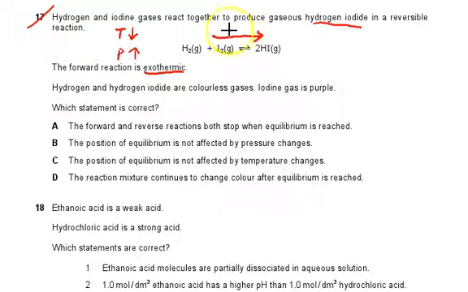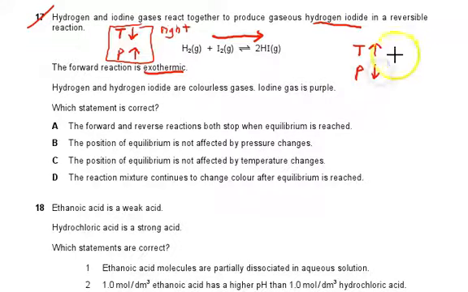That's how we can shift to the right. If you want to shift to the left, your temperature should be higher and your pressure should be lower, the opposite. So this is to shift to the left.